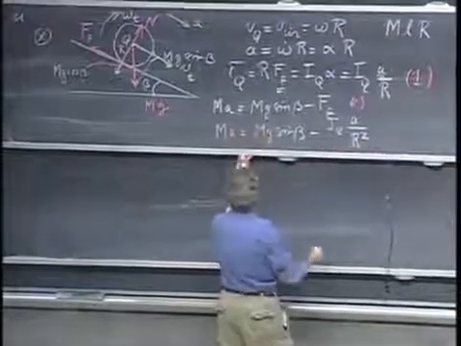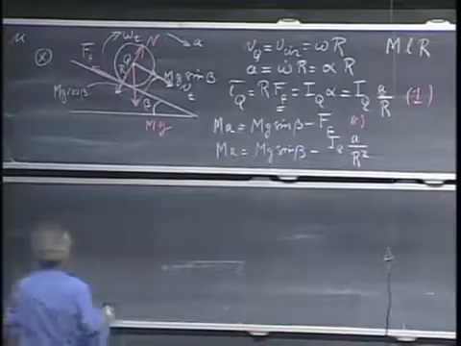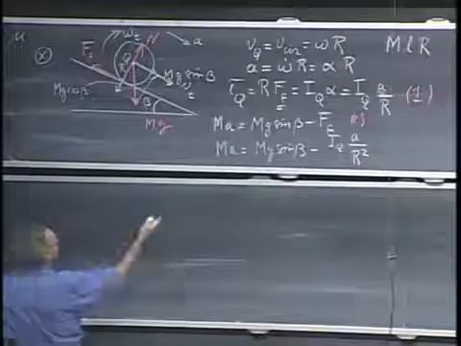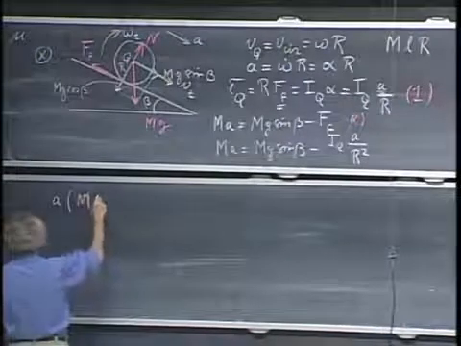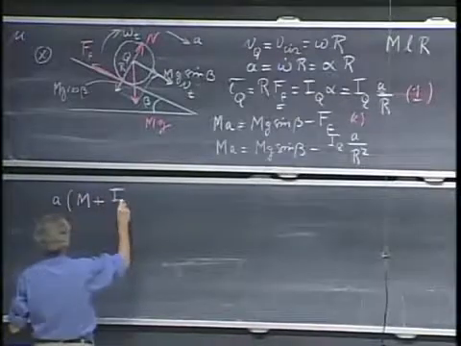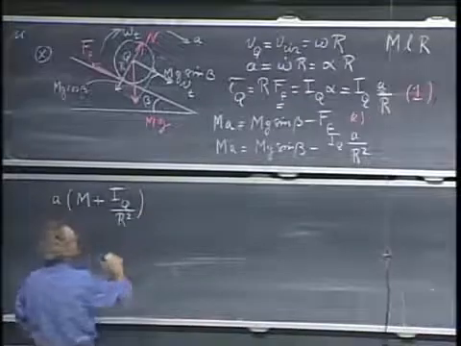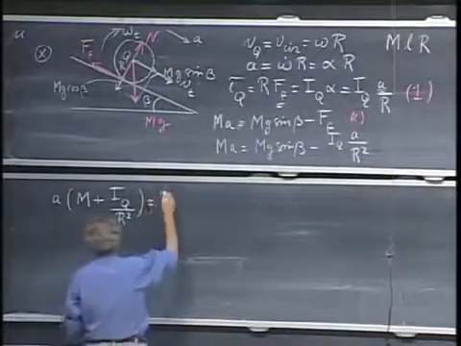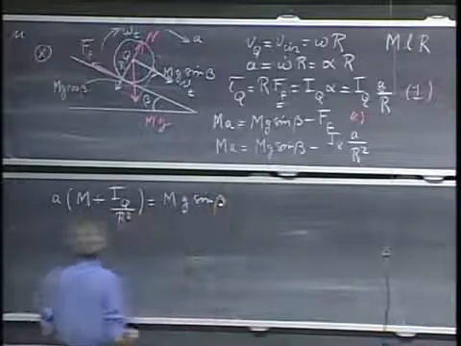Now notice that I've eliminated ff, and so now I can solve for A. I bring the A's to one side, so I get A times m plus moment of inertia divided by r squared equals mg sine beta.